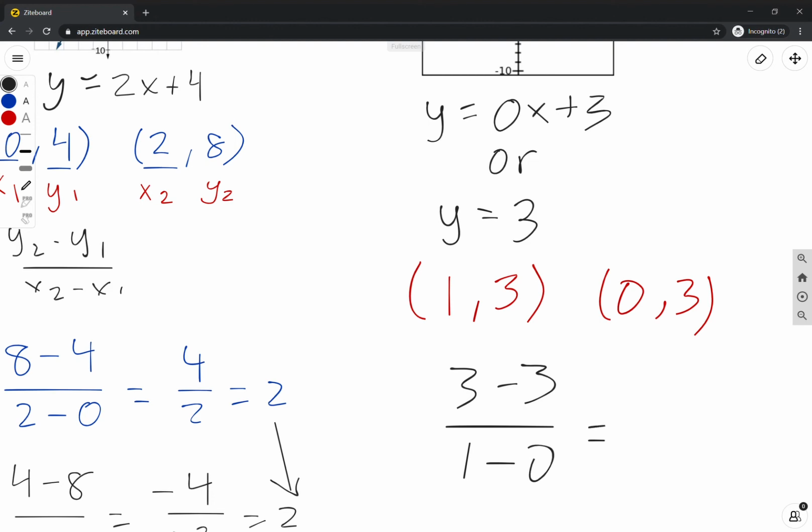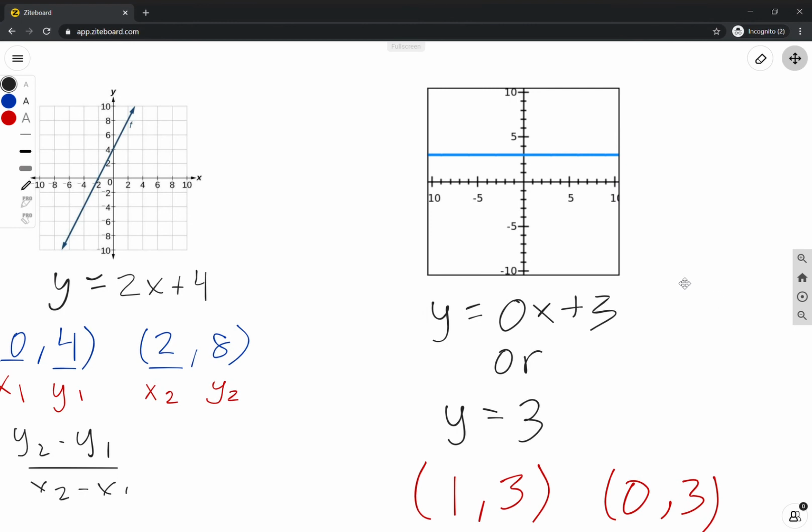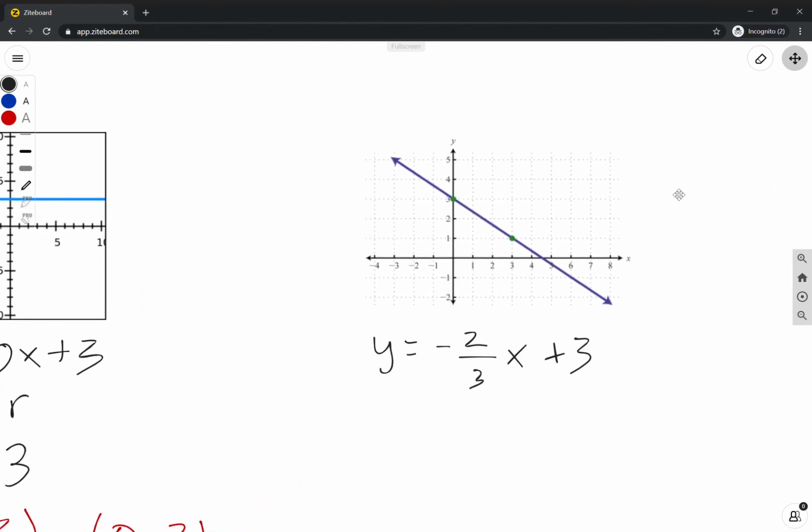And regardless, you're going to get 0. So the rate of change, or the slope, of this line is 0. So it's neither increasing nor decreasing. It's just what we call a constant function. Let's move on to this last example.